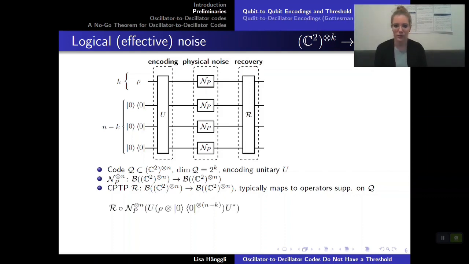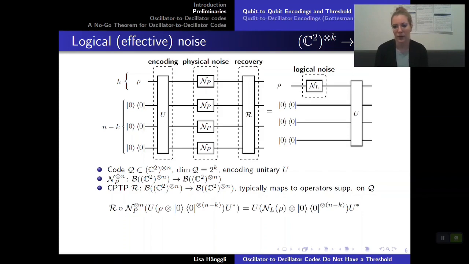So the whole circuit in the picture can be written in terms of the expression on the bottom, which is equivalent to the expression appearing on the right-hand side, which corresponds to the circuit now appearing on the top on the right-hand side. And this is just due to the fact that R maps back to the code space, because this means that the resulting state after decoding is the noiseless encoding of some k-qubit state, but not necessarily of rho anymore.